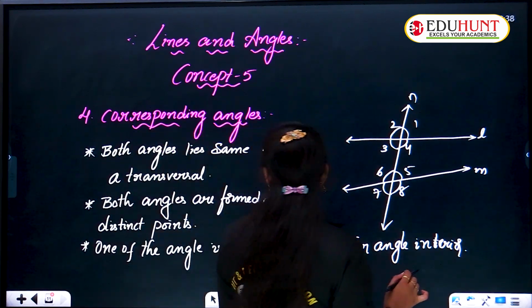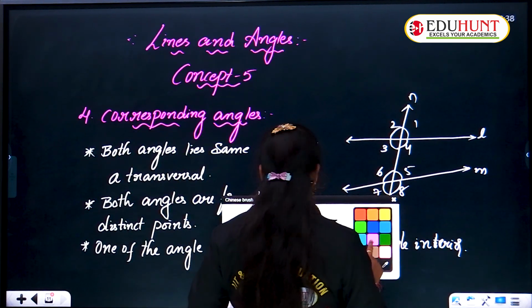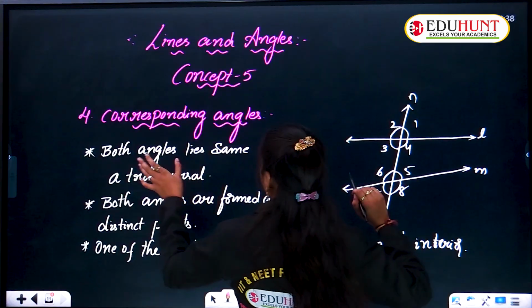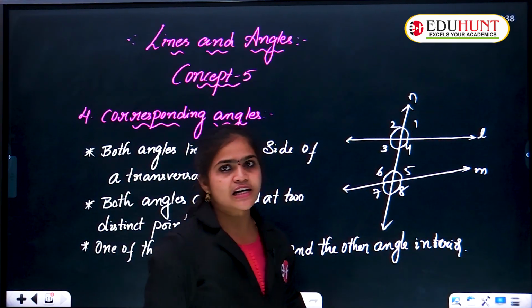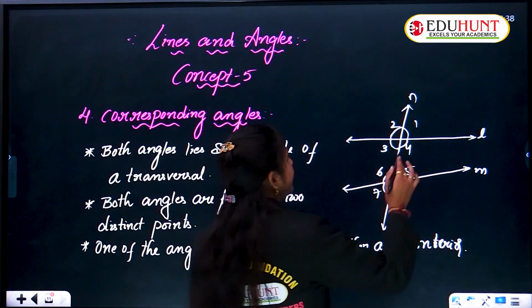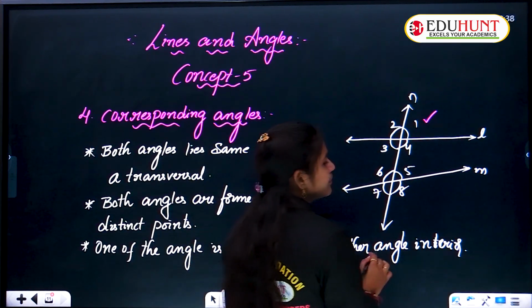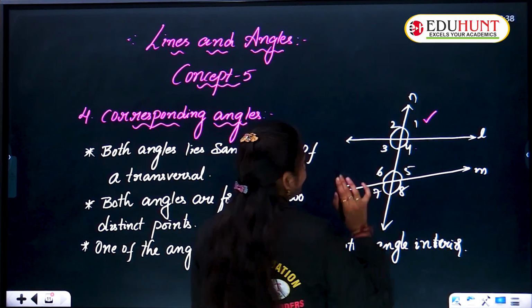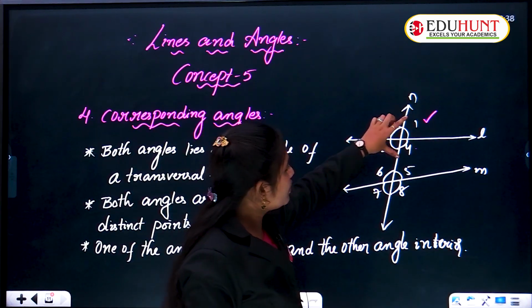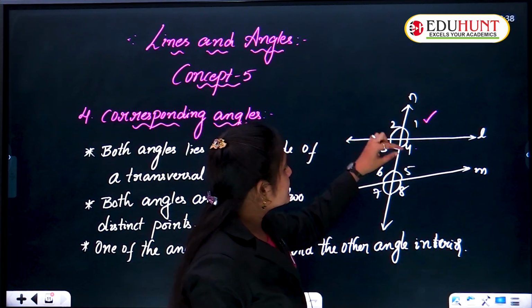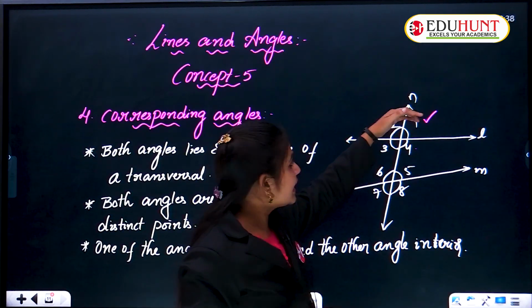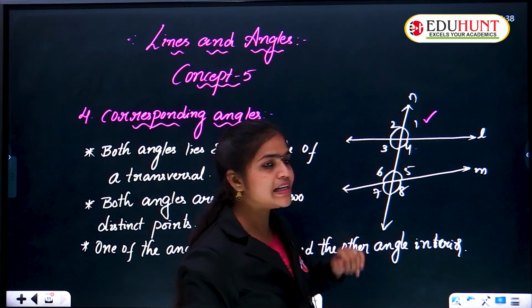Then which angles are corresponding angles? As per the definition, both angles lie on the same side of a transversal. First I am saying the right side of a transversal. Now see angle 1, angle 4. These two angles lie on the same side of a transversal. Clear? Next, of these two angles, one is an exterior angle, 4 is an interior angle.